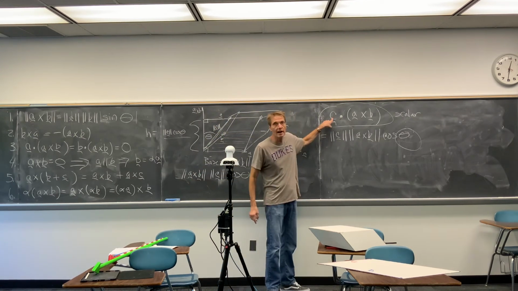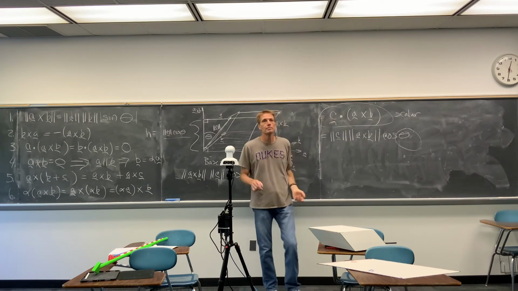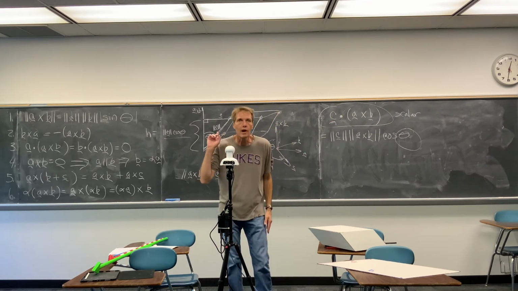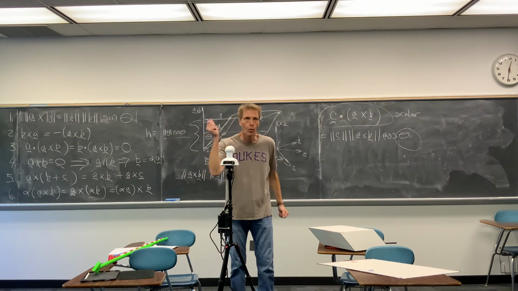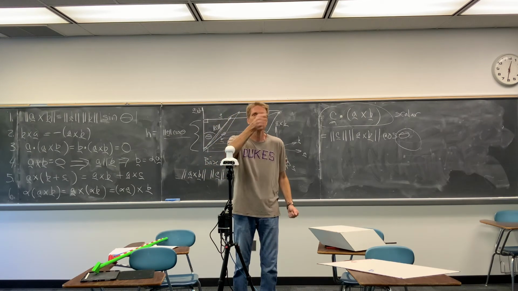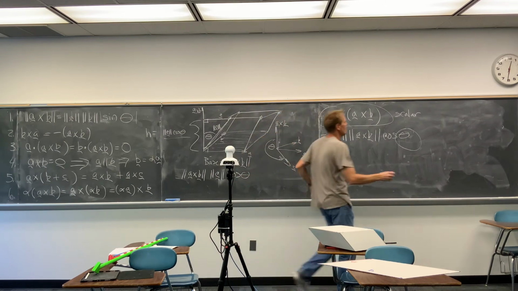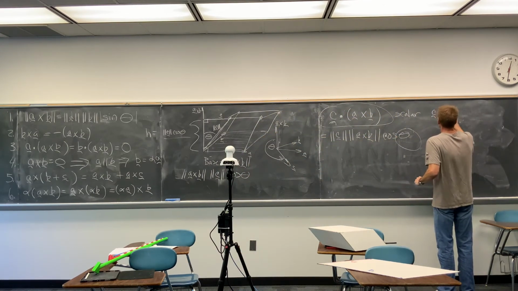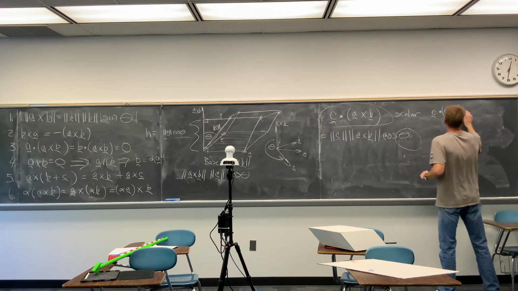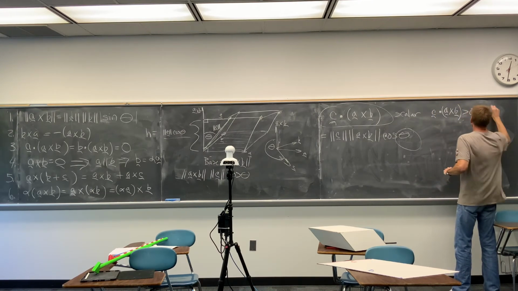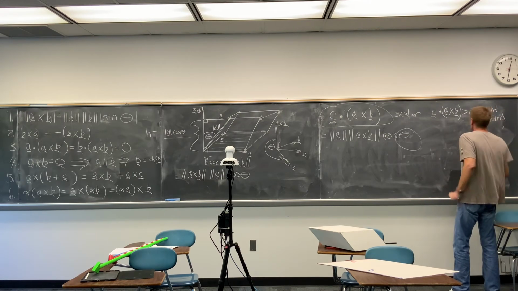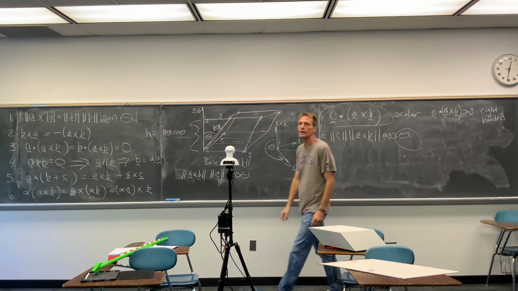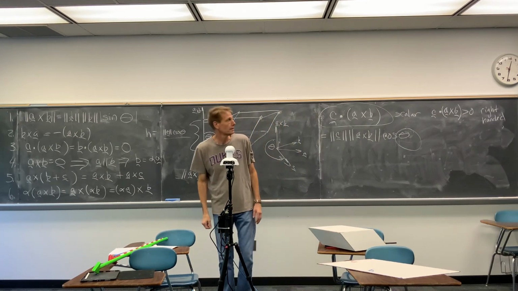Okay, so this is what I want you guys to think about. If C dot A cross B is positive, you have a right-handed screw orientation being applied to the object. So if this ends up being a positive quantity, you end up with a right-handed screw orientation being applied to the object.